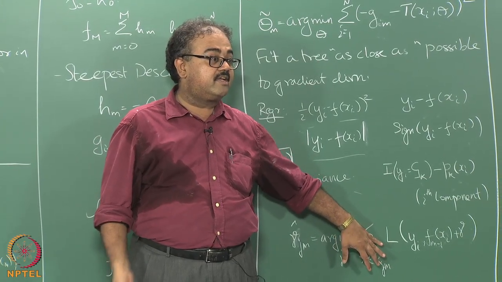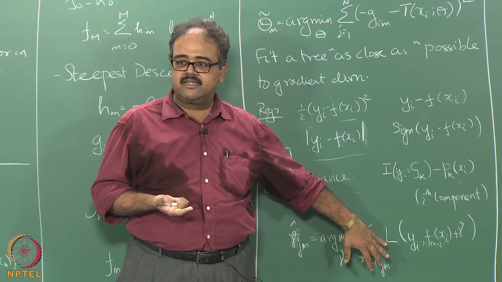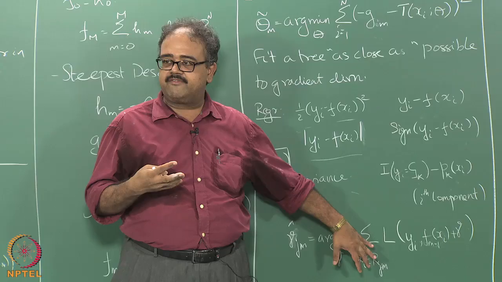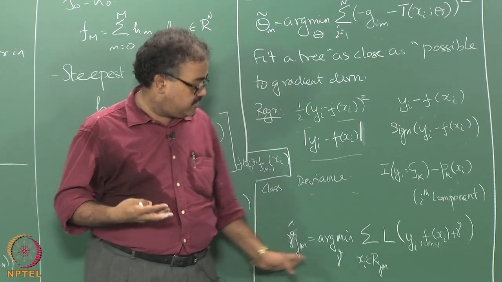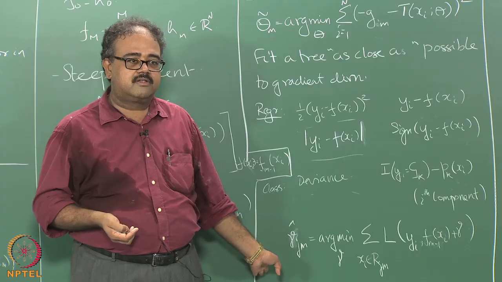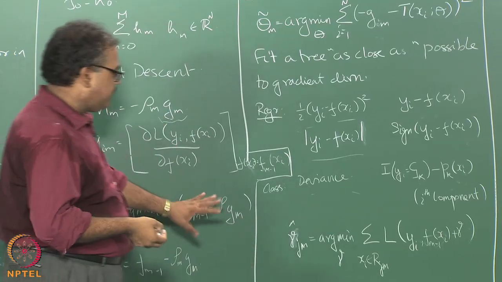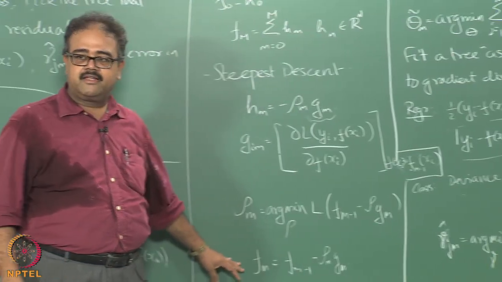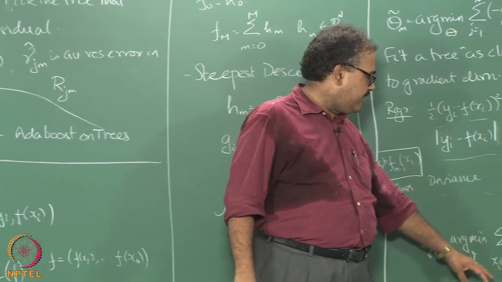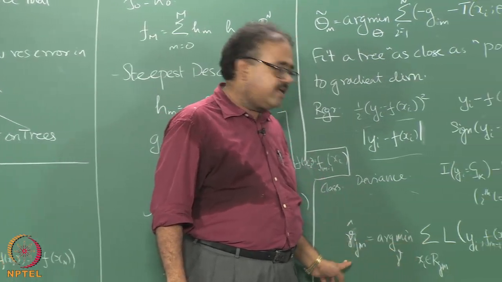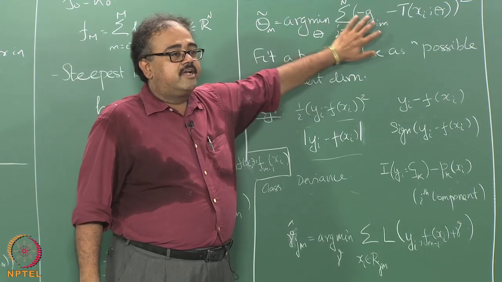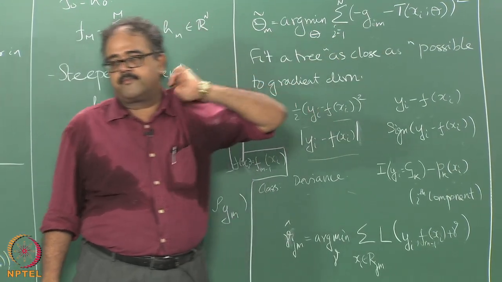But I am using the gradient information to split the space, and whatever regions I get by using the gradient information, I am using the same regions in order to reduce the error also. It is fine as long as I am unconstrained. As soon as I put in the constraints of trees, it is not entirely clear that the tree that you want for representing the best gamma hat is the tree that you want for representing the best g_m.